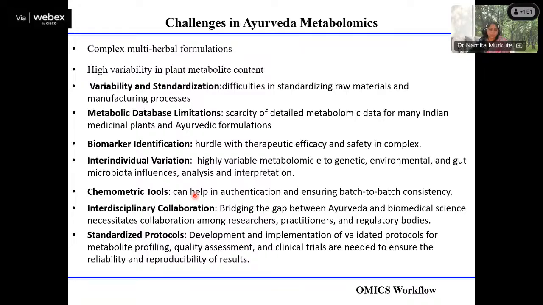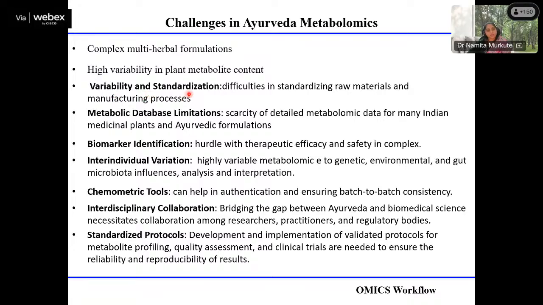As you know, if you are growing the same plant in two different geological conditions, then the metabolic content will be variable, and the active ingredient which you want may have a different percentage in different geological conditions. So these are the challenges in assessing the metabolomes.